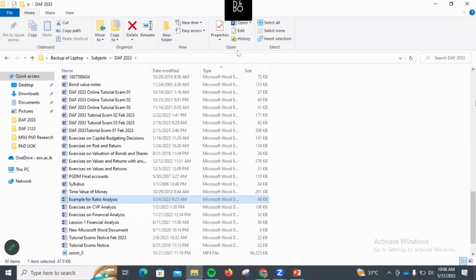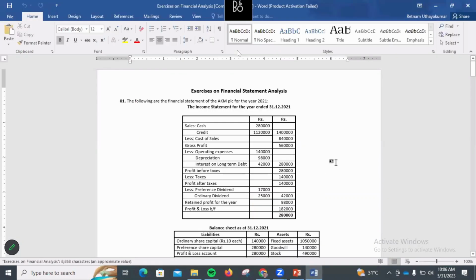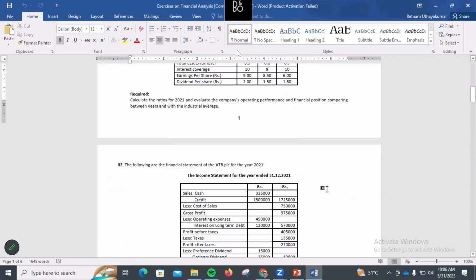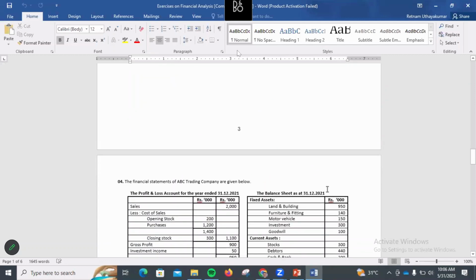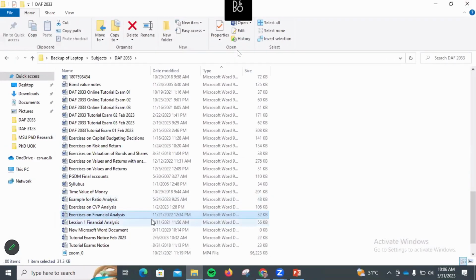You can see the LMS now to do that. Some additional exercises would also be given to you.